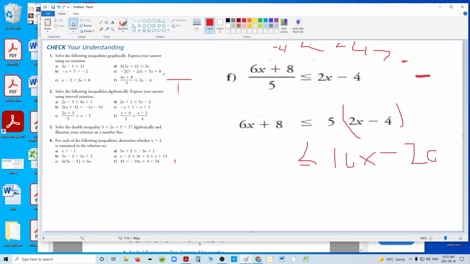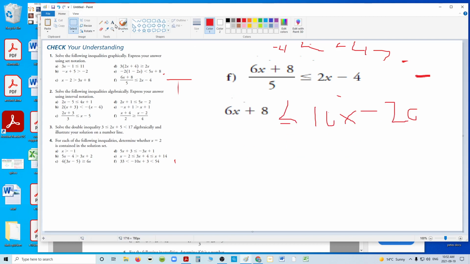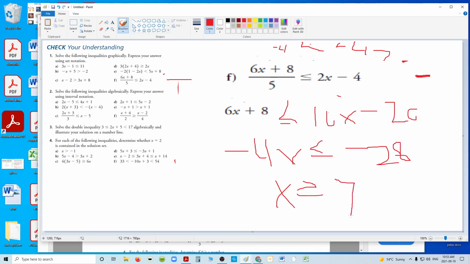And now I can rebalance everything. I'll put all the x's on the left side. So I get minus 4x. Bring the minus 8 over here, smaller or equal to minus 28. And when I divide by minus 4, I get x is bigger or equal, because I divided by minus 4, to 7.